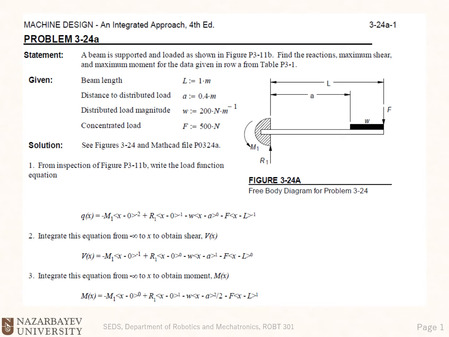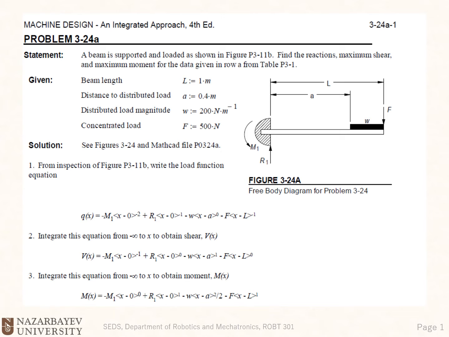Then we have minus W, minus because the direction of the load is downward, X minus A, because it starts at the A location, to the power of 0 for distributed force. We have power 0. And again, we have another concentrated force, minus F, multiplied by X minus L to the power of 1.